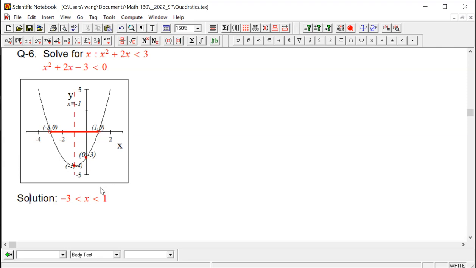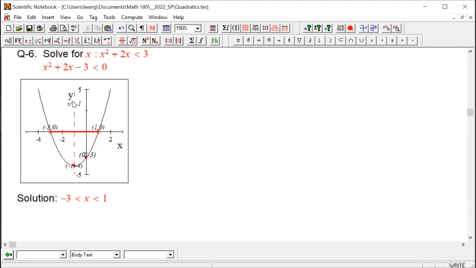Sometimes input is given, sometimes output is given. And for the rule itself, we can tweak it using our algebraic principles: adding the same number on both sides, subtracting the same number on both sides, making 0, etc.